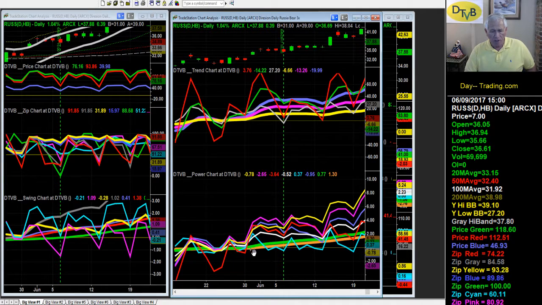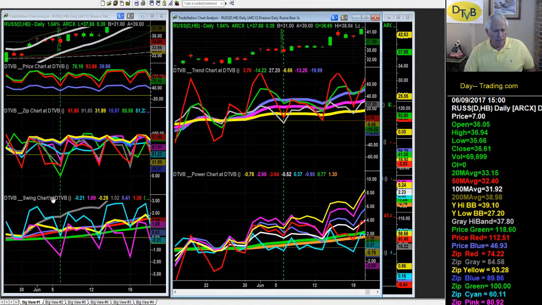But in this case we're basically moving slightly in an uptrend. Power orange and green are going up and above zero. The trend trio, blue, pink, and yellow, are above zero. And the swing red and green over here, red is above zero and green looks like it's right on zero.